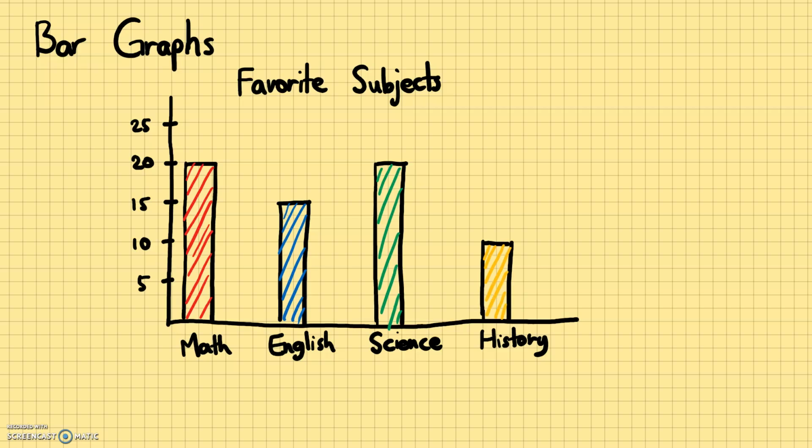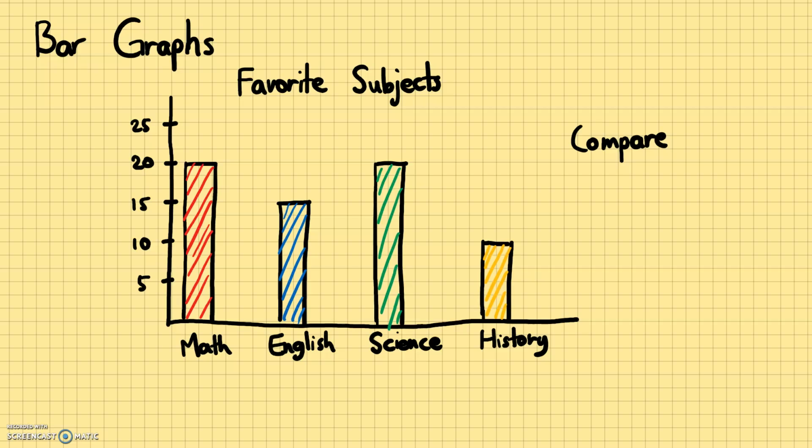Okay, so this is an example of a bar graph, and the bar graph is good when comparing data. It's an easy way to compare data, because if we use bars like this, we can just see straight away how many students like math, how many students like history, how many students like English, like how many more students like math than English.